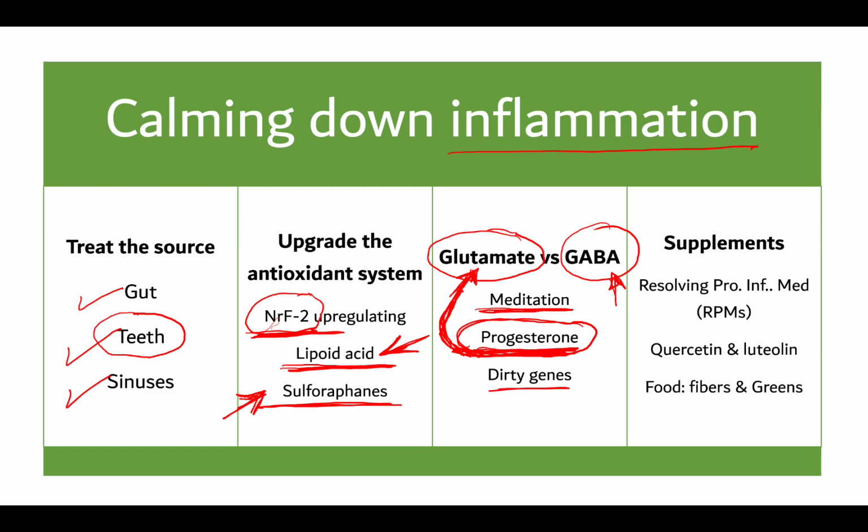Also, we have genes. I spoke before about genes. Some genes control the amount of chemical transmitters, like the amount of adrenaline that is secreted in the brain.